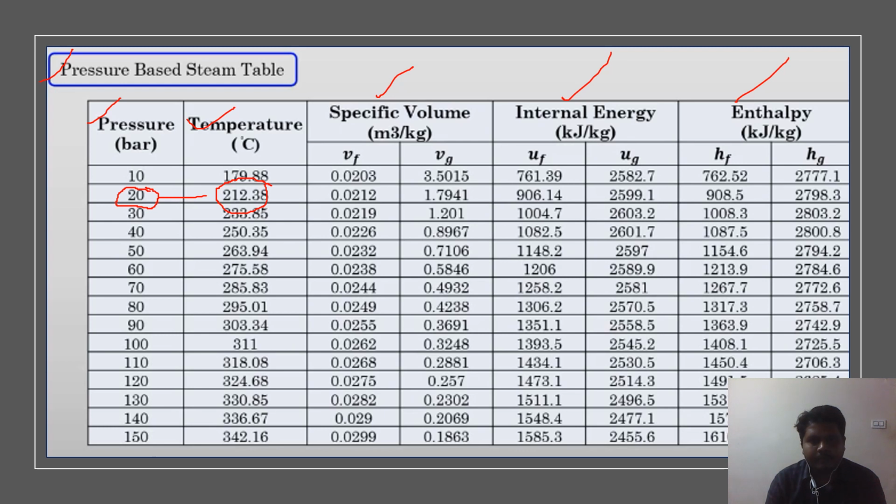If we take the specific volume, it is again subdivided into two columns: specific volume at saturated liquid state and specific volume at saturated vapor state. Same way, for internal energy, specific internal energy at saturated liquid state, that is Ef, and specific internal energy at saturated vapor state. Same way we can find the enthalpy also.